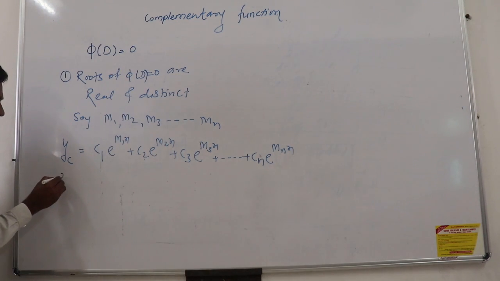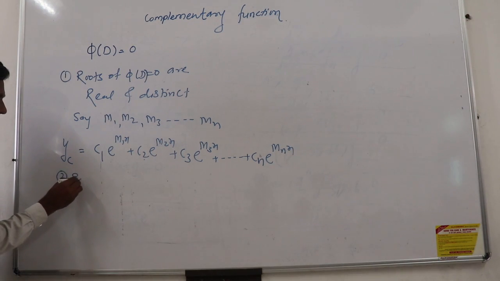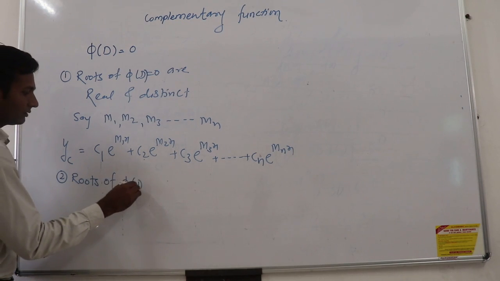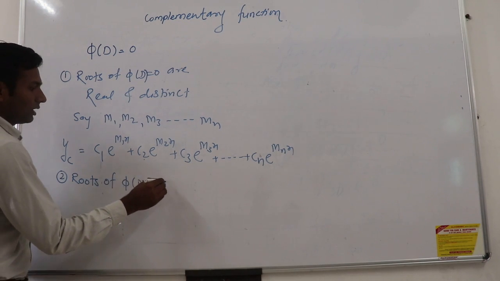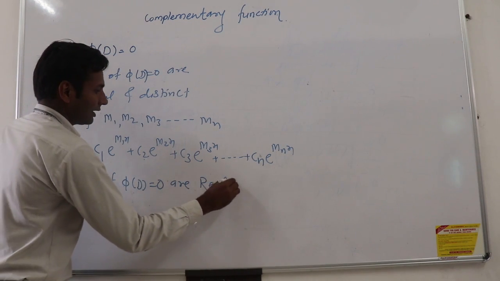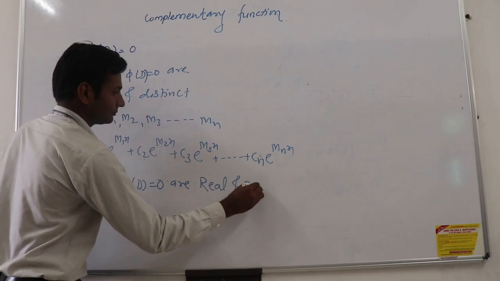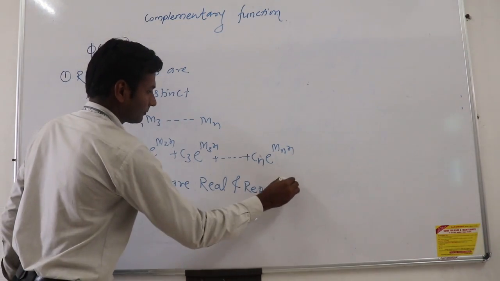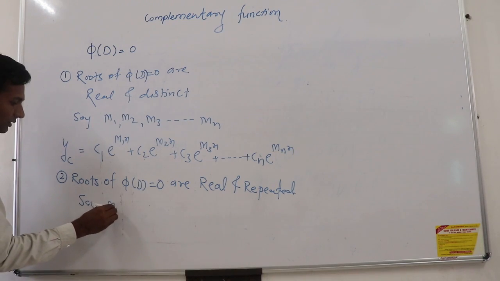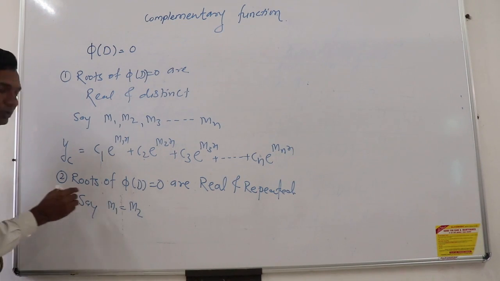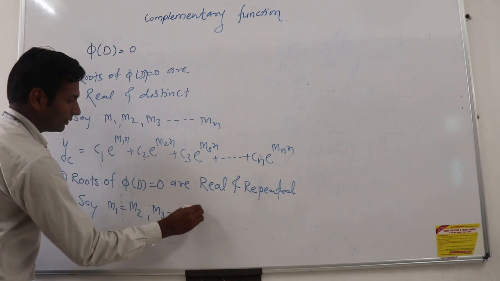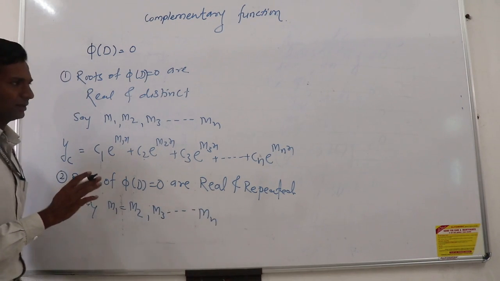Then the second case is, the roots of phi of D, that is the auxiliary equation, are real and repeated. Say m1 is equal to m2, so only two roots are equal, and the remaining roots m3 to mn are again real and distinct.